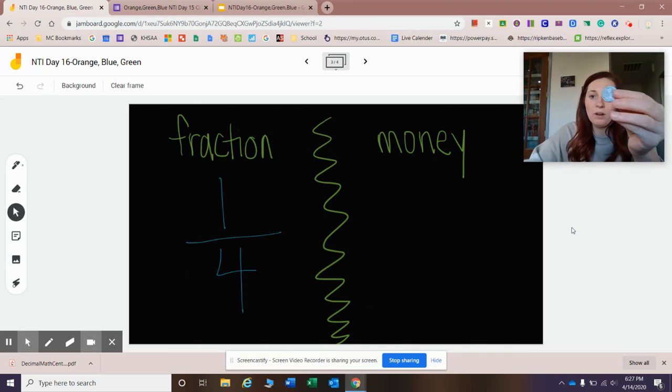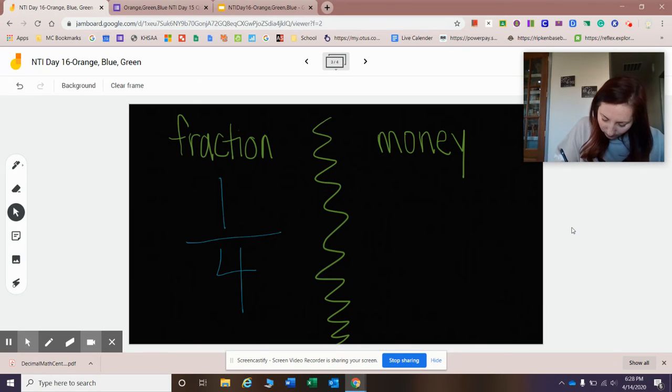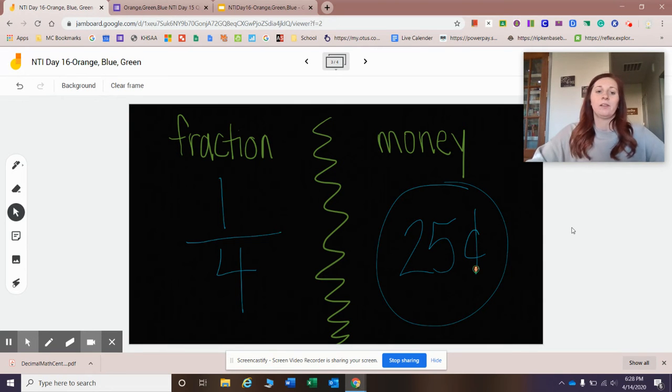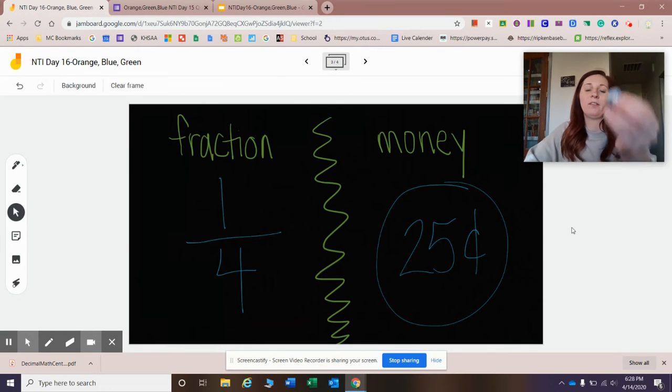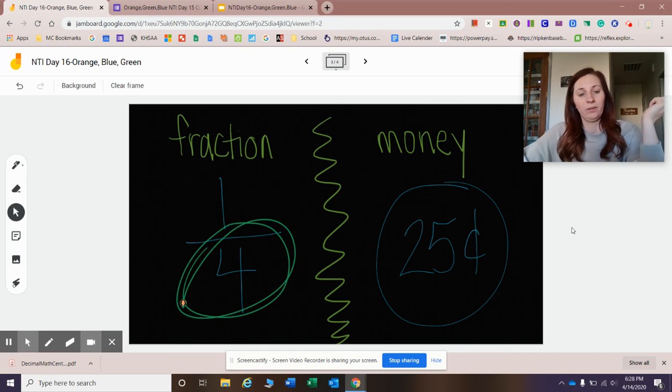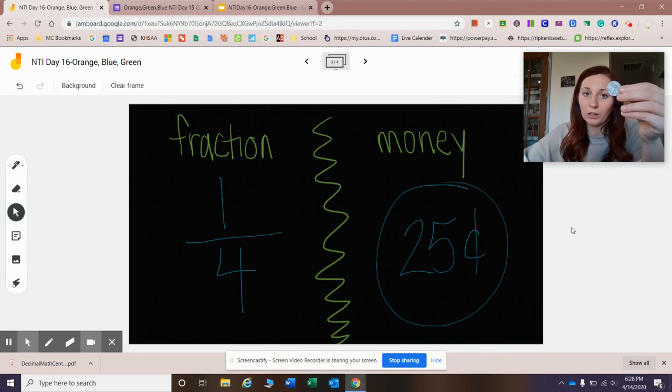So essentially, 1/4 is the same thing as a quarter. Okay, I'm going to draw in my quarter. Whoop, wrong pen. I'm going to put 25 cents. Okay, so we know that 1/4 and a quarter are the same thing. We know this because there's 1 quarter and it takes 4 to make a whole. So it takes 4 whole quarters to make a whole dollar.